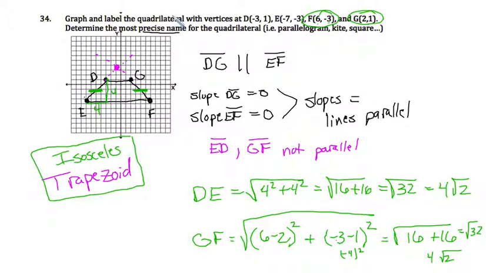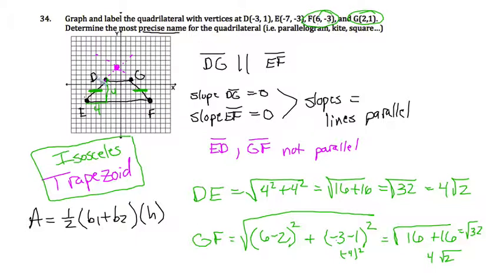You're also going to have to find the area. So let's go ahead and find that, even though this problem doesn't say that, because you'll need to do that on your test. Once you've determined what it is, you use the formula for that shape. And since it's a trapezoid, it's going to be 1/2 the first base plus the second base multiplied by the height. So I need to find the distances of the bases, which would be DG and EF.